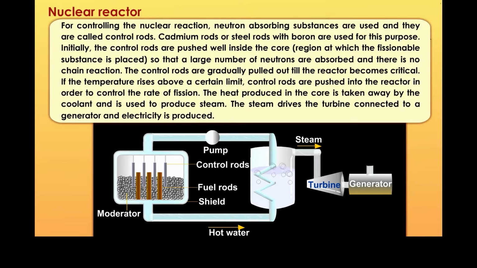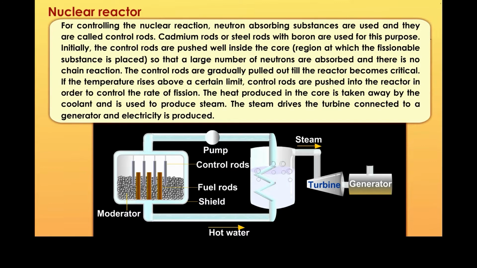Initially, the control rods are pushed well inside the core, the region at which the fissionable substance is placed, so that a large number of neutrons are absorbed and there is no chain reaction. The control rods are gradually pulled out till the reactor becomes critical.